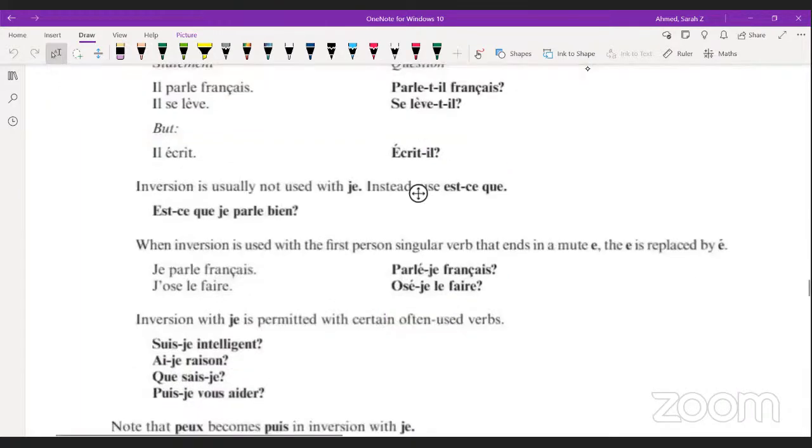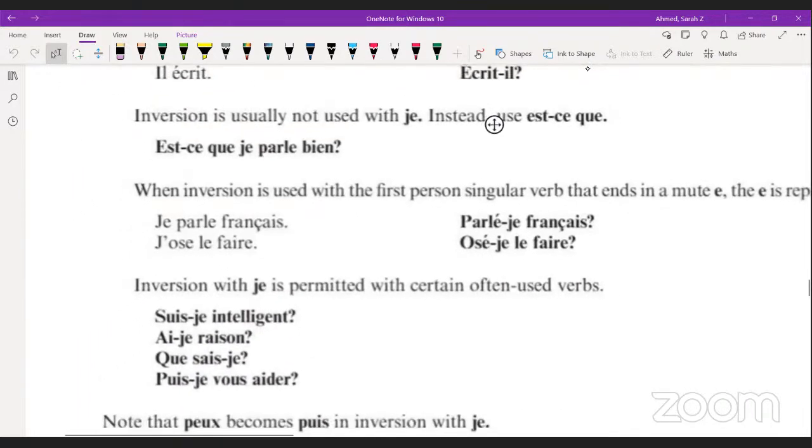Okay, anyways. Yeah, so inversion is usually not used with je, instead use est-ce que. So usually the inversion where you put the verb first and the pronoun after, we don't do it with je. Instead, we would do est-ce que je parle bien?